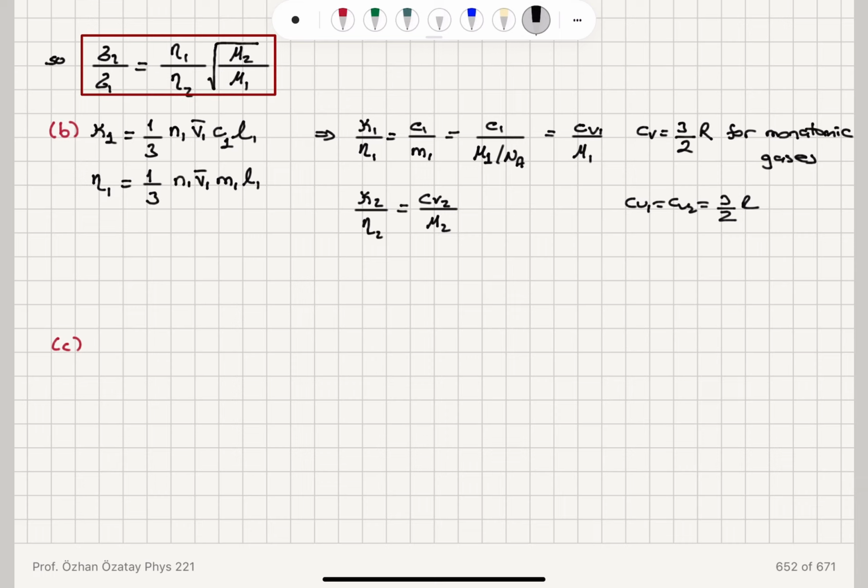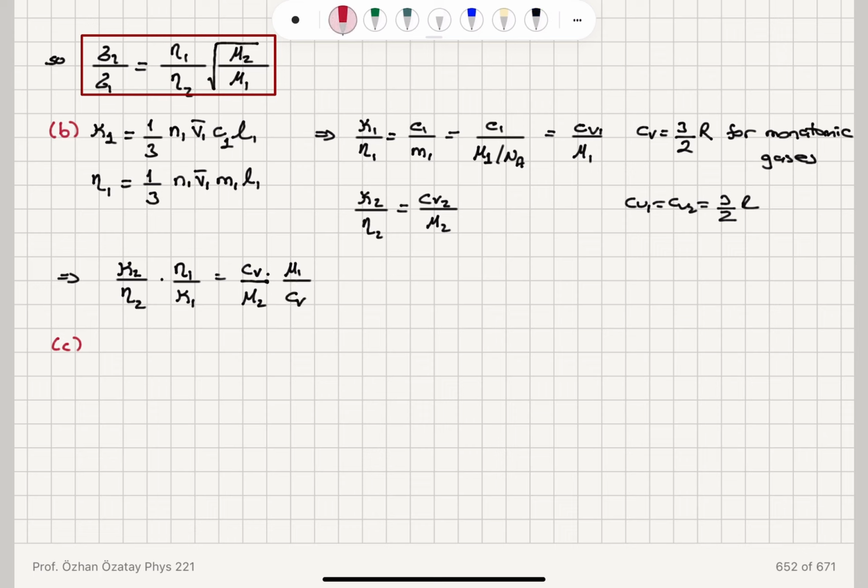So if I take the ratio kappa 2 over eta 2 divided by kappa 1 over eta 1, or eta 1 multiplied by eta 1 over kappa 1. This is CV multiplied by the CV values are the same, so CV over mu2 for kappa 2 over eta 2, and for kappa 1 over eta 1 I have CV over mu1, but mu1 goes upstairs, so this will be mu1 divided by CV.